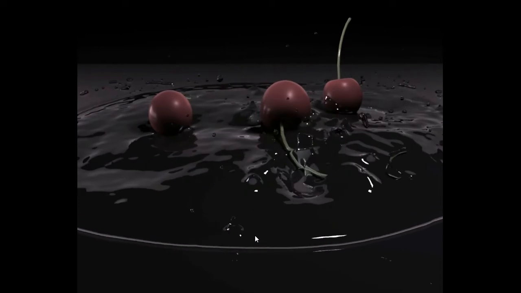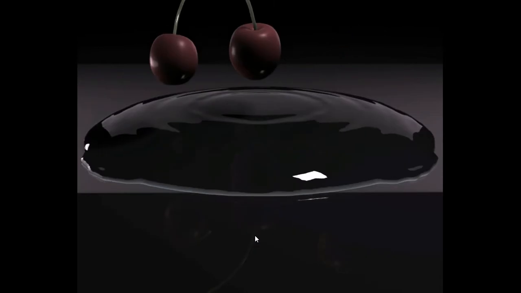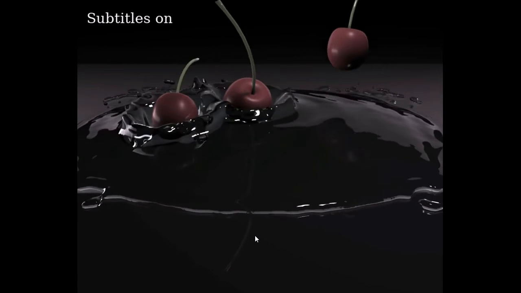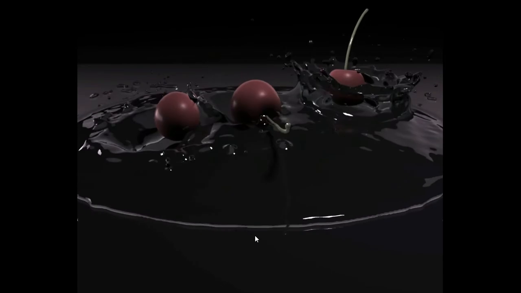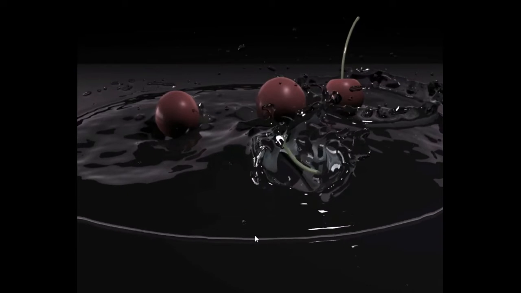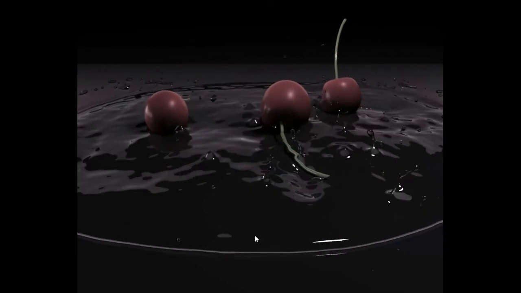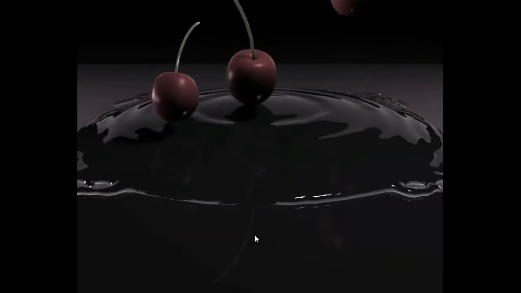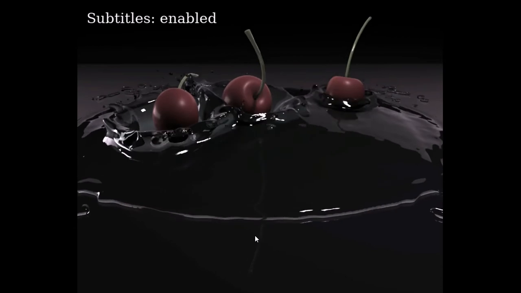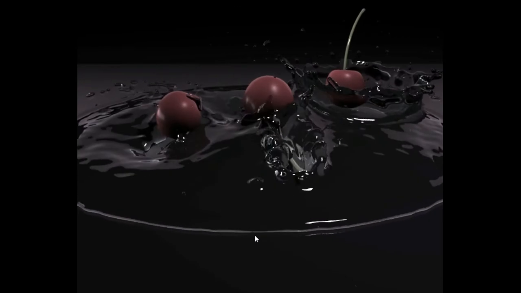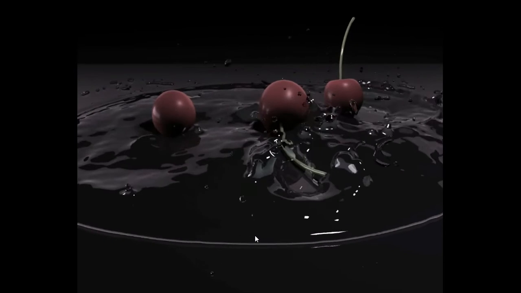The water is resisting them. There's water resistance when they drop on the puddle of water, which is impossible, of course, if you don't have the fluid coupling. It would look unnatural, pretty much. So this is what you get for that. I hope that makes sense. Okay, so let's get started.